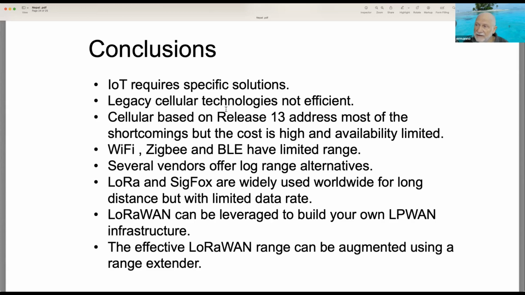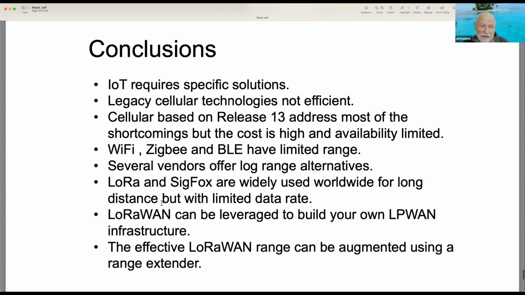And you can do that either using some commercial LoRaWAN service provider, or you can use that by deploying your own network and application server using a solution like ChirpStack.